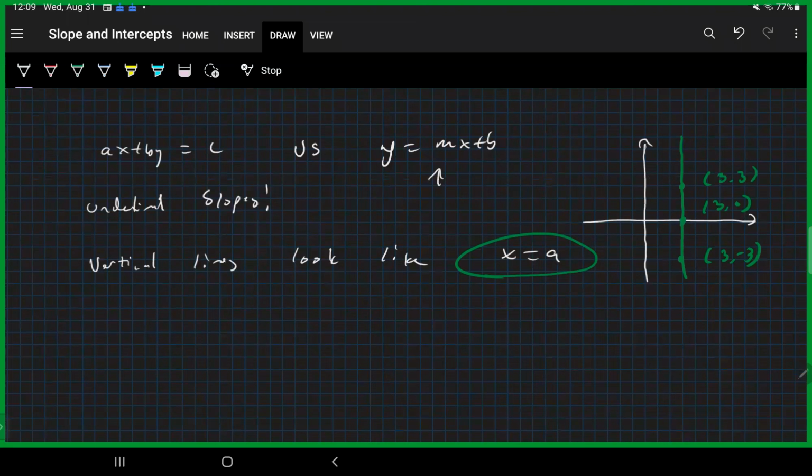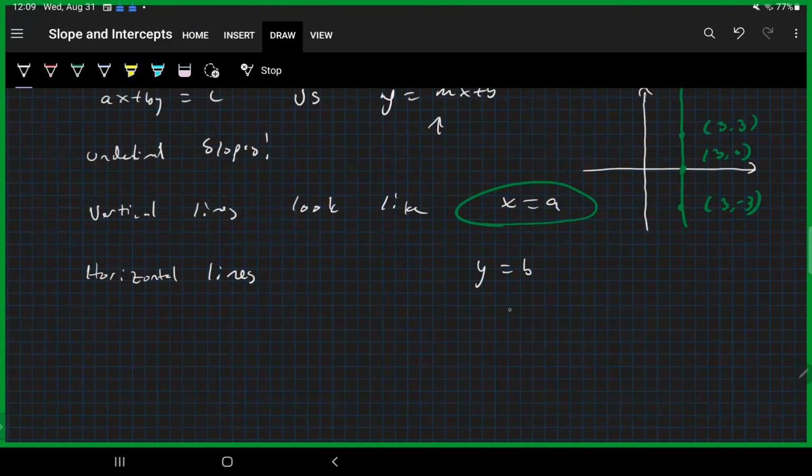On the other hand, horizontal lines, since we're talking about special cases, we'll talk about this quickly. Let me write that more clear. Sorry about that. They're in form y equals b. And if I would draw that picture, let's use red.